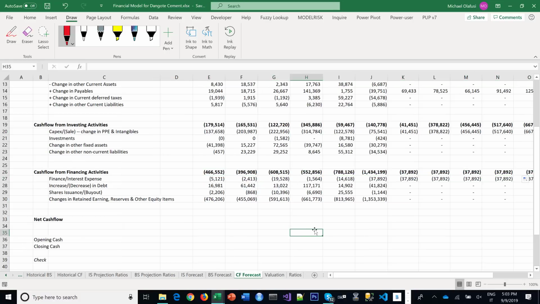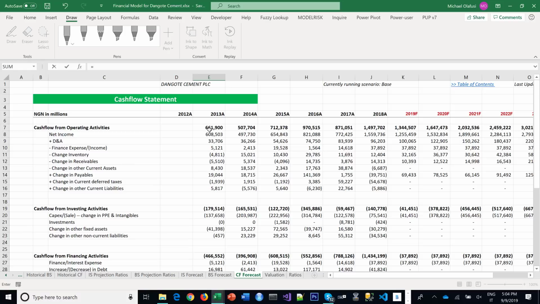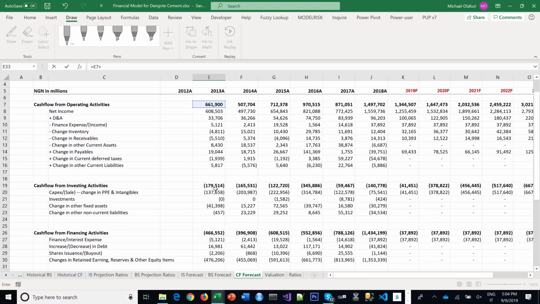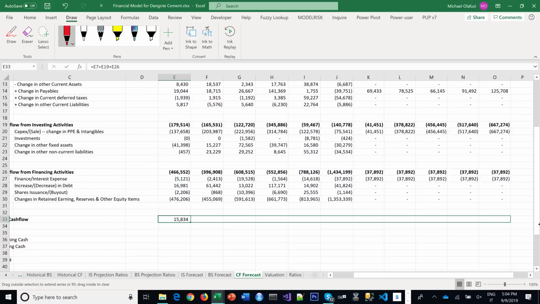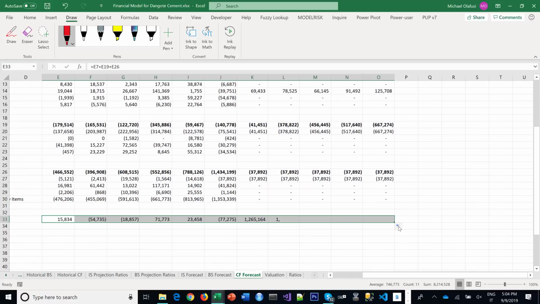And then I am going to add up all of these: cash flow from operations, from investing, from financing, to get what the net cash flow is. That also I make bold.